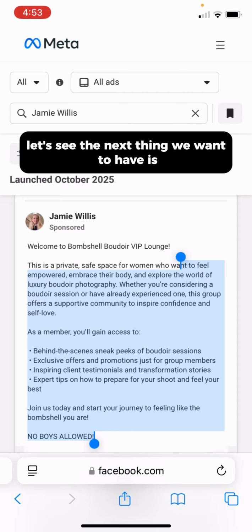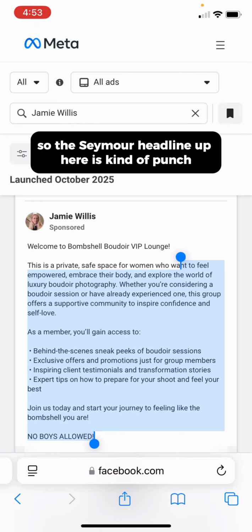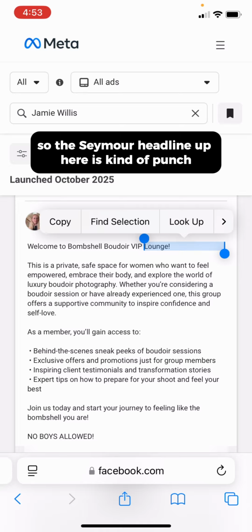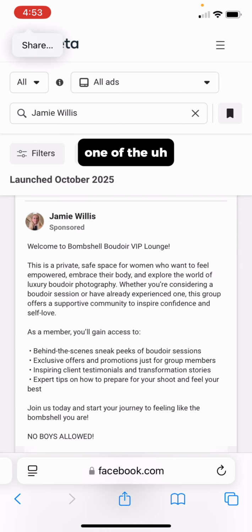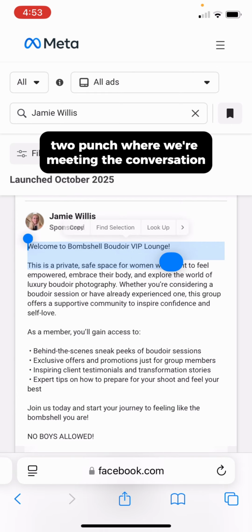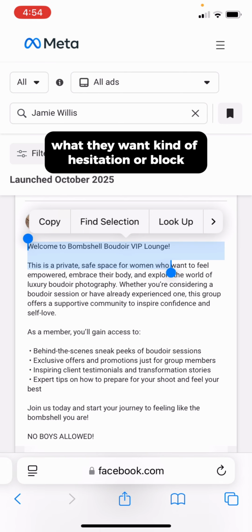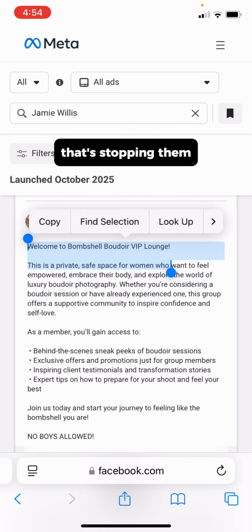Let's see, the next thing we want to have is a narrative or a story. So the See More headline up here is punch one of the 1-2 punch, where we're meeting the women in their brains, the conversation they're having with themselves, what they want to get away from, what they want, the hesitation roadblock that's stopping them.